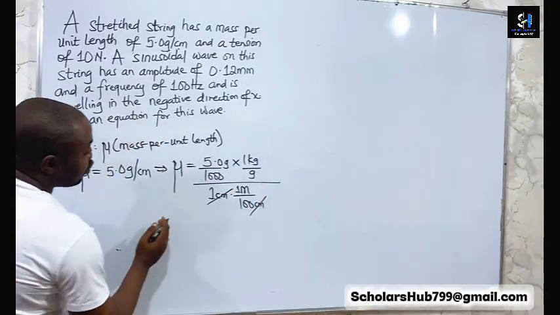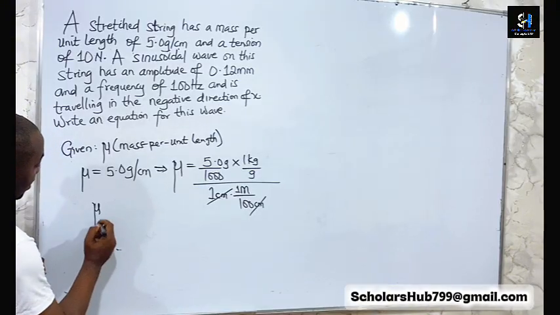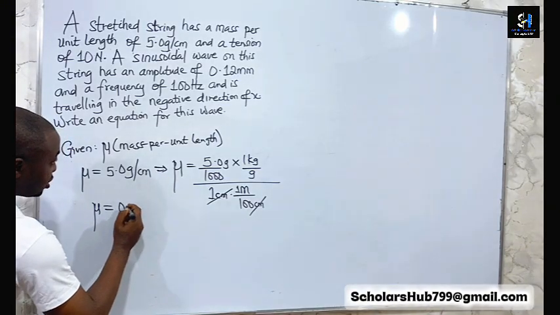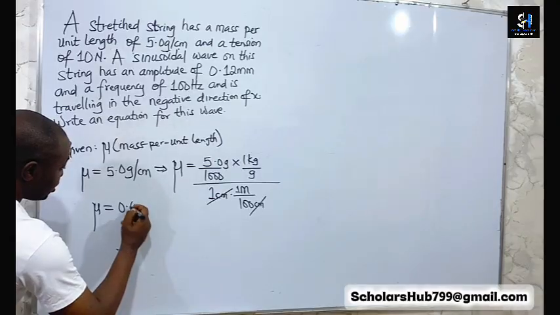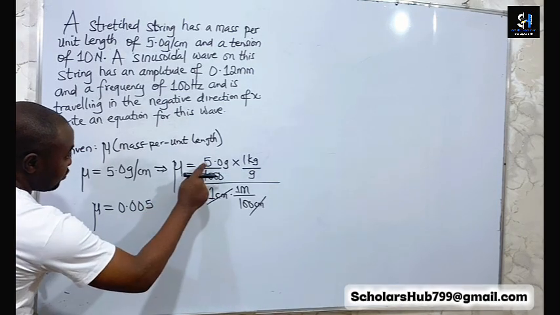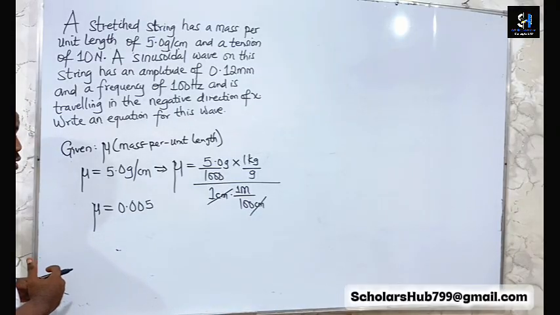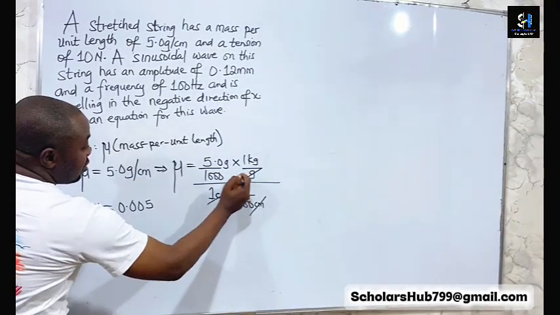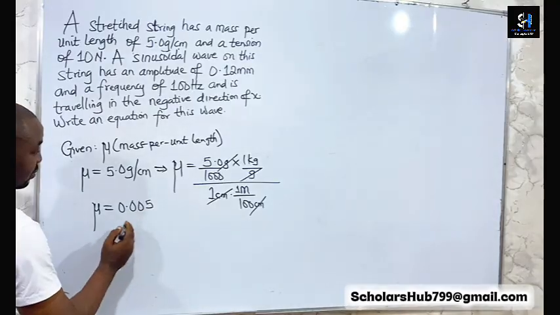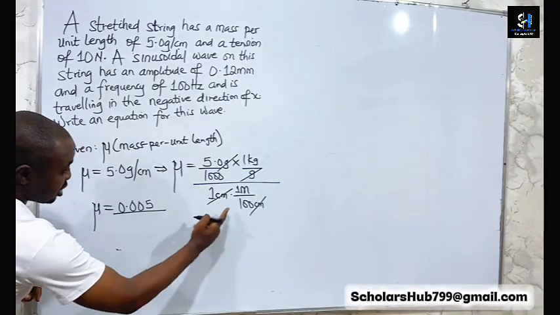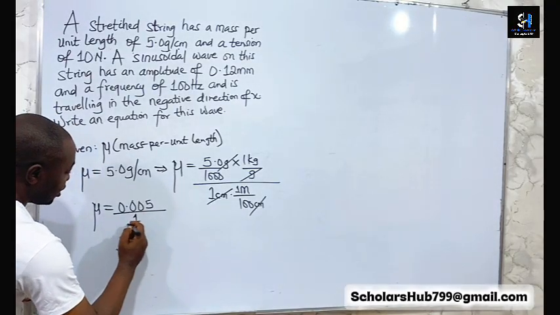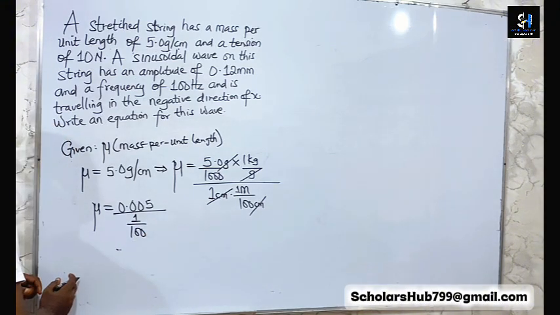So we have 0.005, because 5 divided by 1000 is 0.005. We cancel grams, and it is divided by 1 over 100.